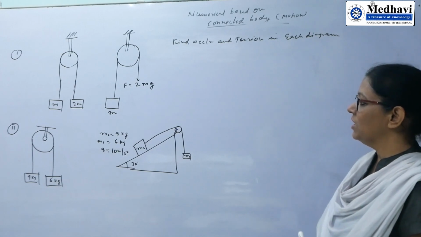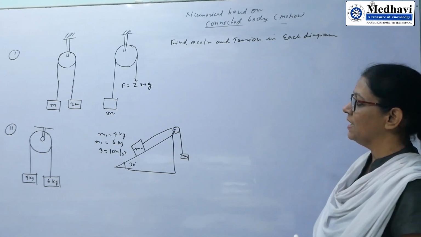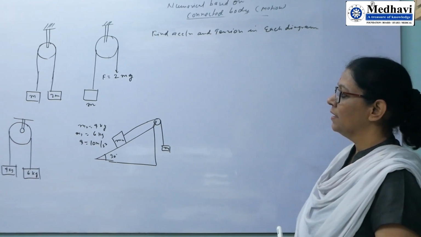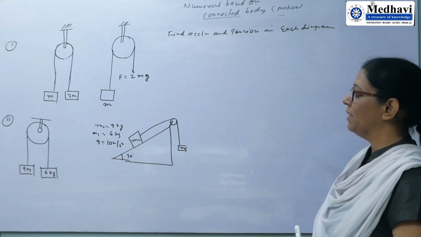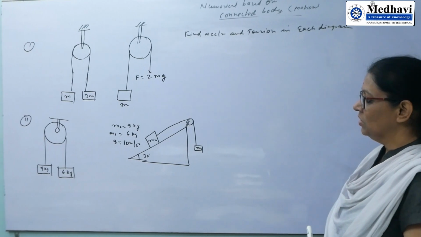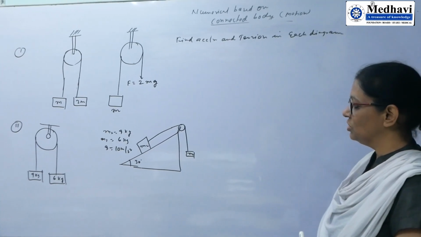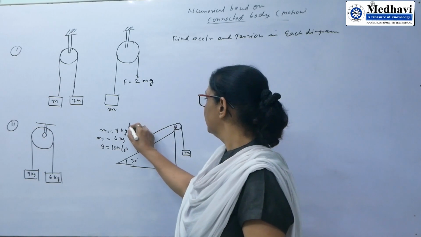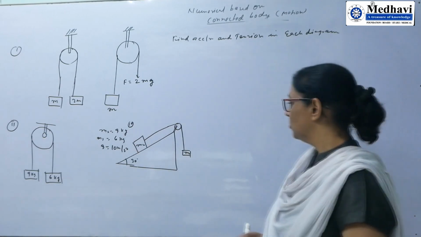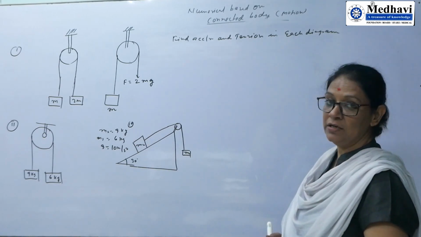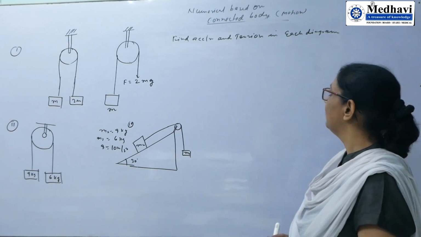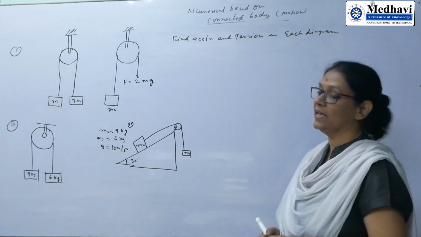In the first question, M and 2M, two masses are taken on a pulley. The second question, M and F is 2mg. Third question, 4 kg and 6 kg. And the fourth question is here, 2 bodies are taken, the first body on an inclined plane. In all the questions you have to find acceleration and tension in each diagram.